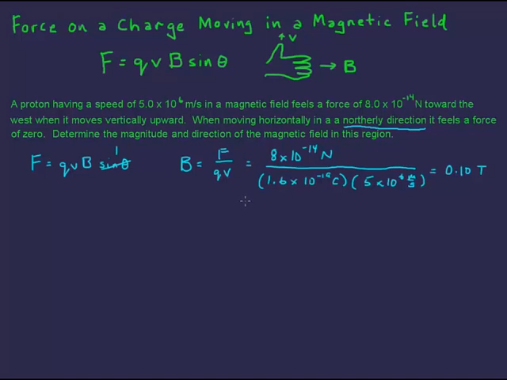Now the question is, what is the direction here? I know when it's moving vertically upward that the force is towards the west. So I'm going to imagine that I have a map here, and I've got north, south, east, and west. So I know that the force is to the west when it's moving vertically upward, which in this scenario would be out of the page.